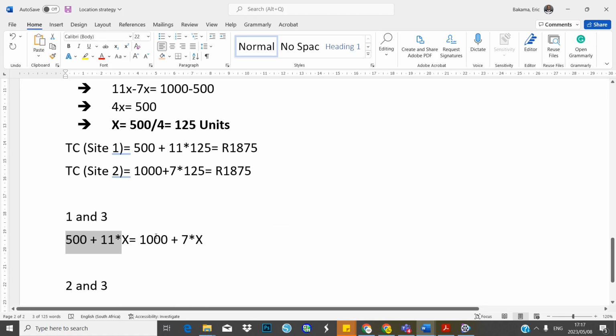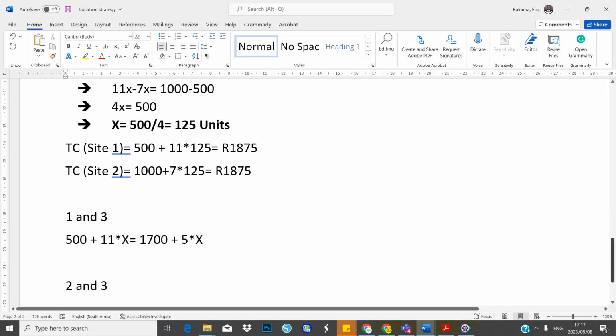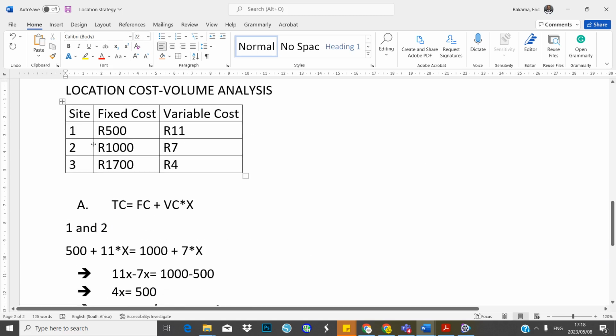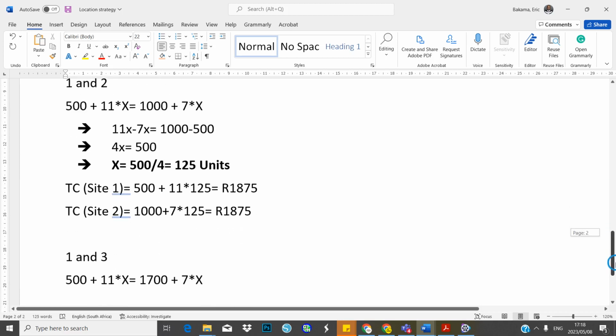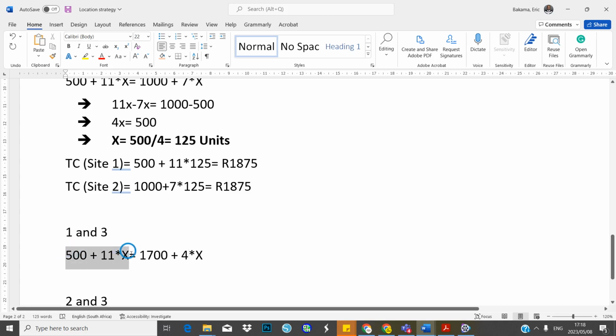Then I'll have 1700 plus 4X. So this means that I need to find a point whereby the total cost of site 1 is equal to the total cost of site 3.